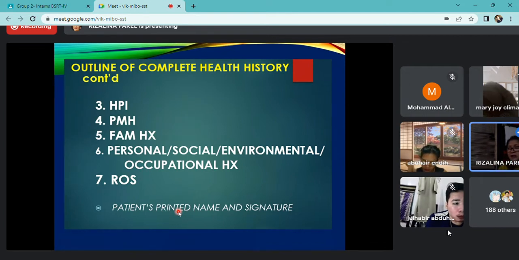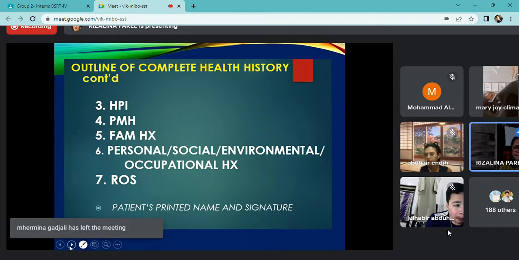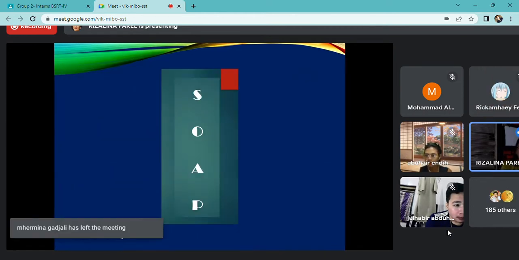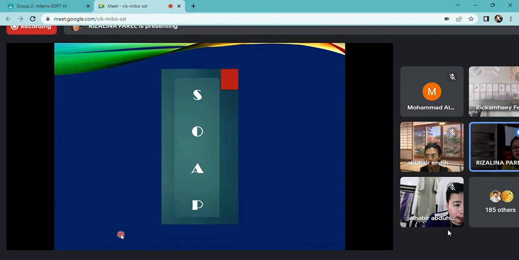Okay, hindi lang yung pertinent positive, pertinent negative din para makita na ikaw ay magaling na communicator and magaling na history taker. Okay. Next we have here the SOAP, the subjective, objective assessment and the plan.